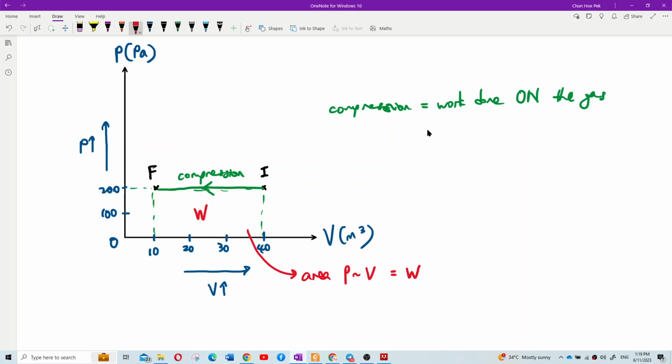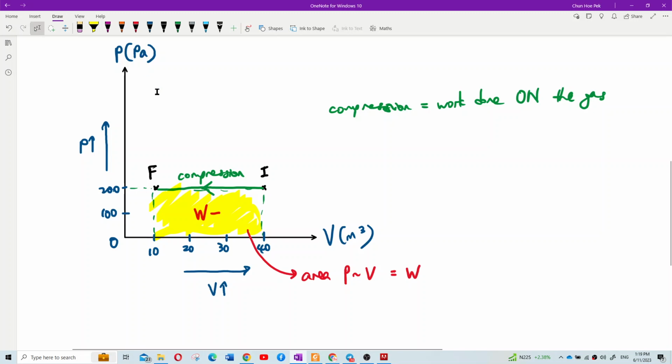Understand? The area under the graph is negative work done because it's compression. So be careful with the arrow. If the arrow is to the left, it is negative work done; if the arrow is to the right, it is positive work done. It depends on the arrow.